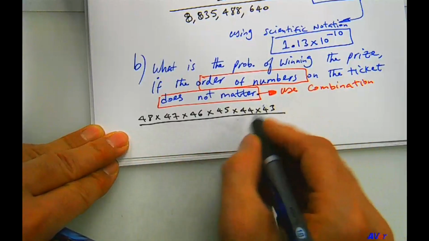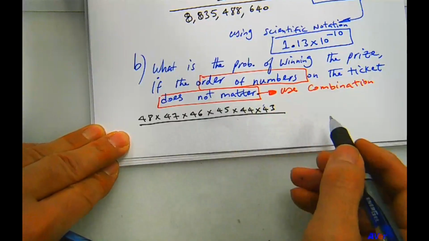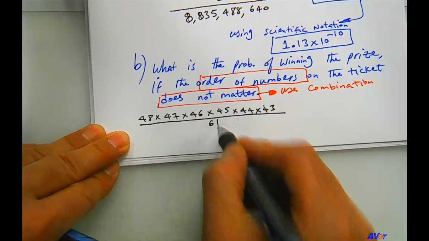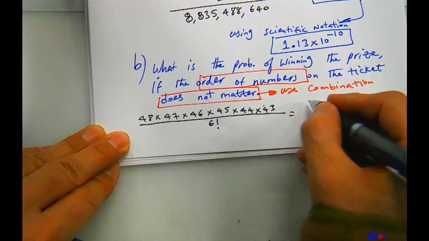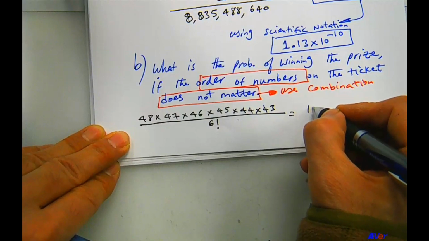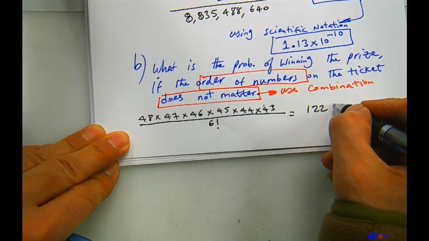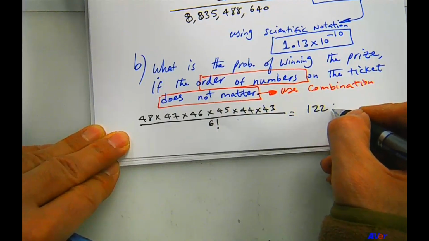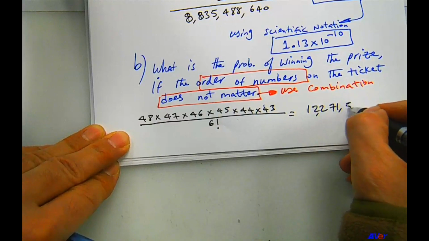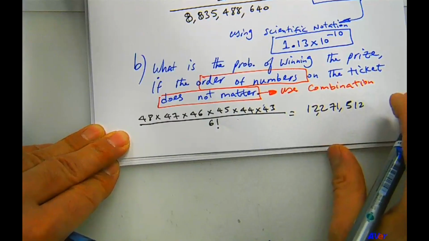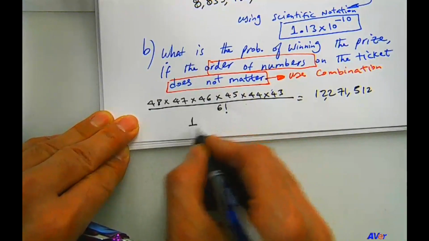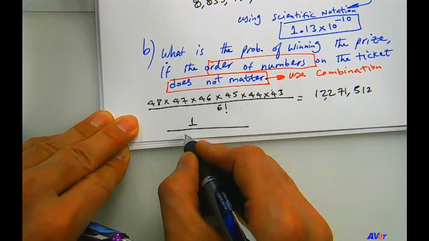Since order does not matter, divide all of that by the number of positions, which is 6 factorial. We will get this number, about 12 million: 12,271,512 possibilities. Now, to find the probability, we would say 1 divided by that number.